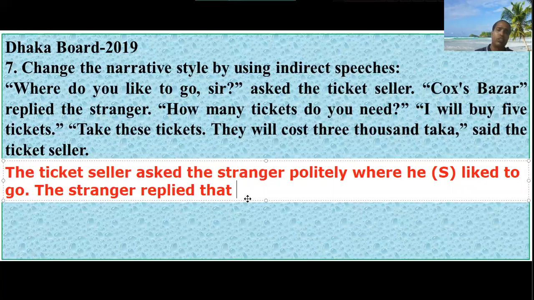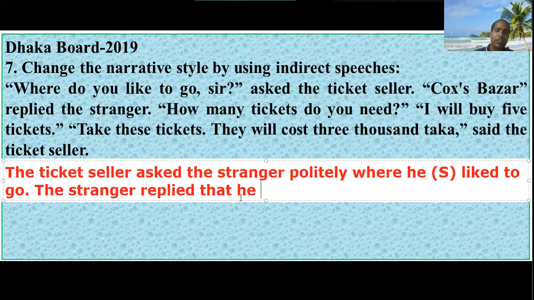As the sentence is assertive, you have to set that between reporting verb and reported speech. If the sentence is assertive, you have to set that between reporting verb and reported speech, and as subject I, it denotes the stranger according to the rules of person, so you have to write he.